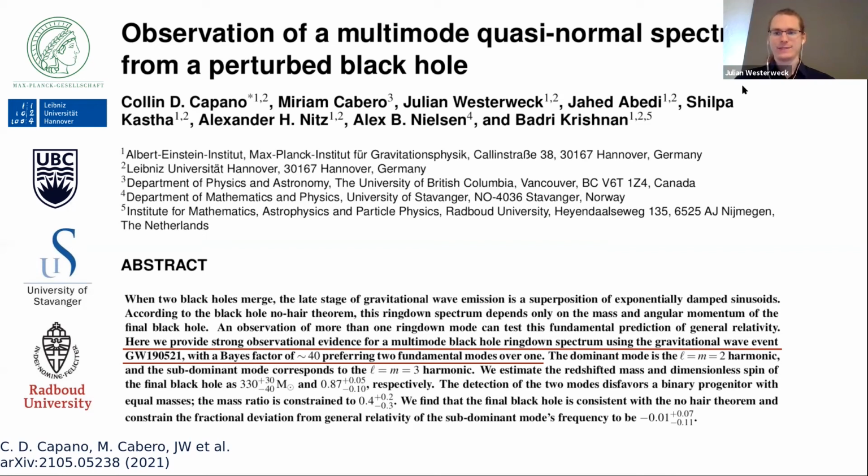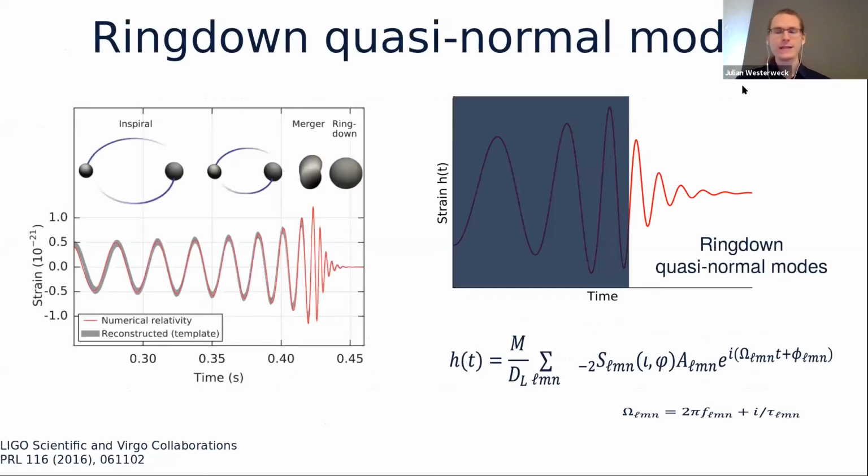And let us first quickly review the form of the ring-down signal. On the left, you can see a popular representation of the full gravitational wave signal of two merging black holes that starts with the in-spiral phase, then continues to the merger phase, and finally the ring-down phase, where the perturbed black hole settles down to its final Kerr state.